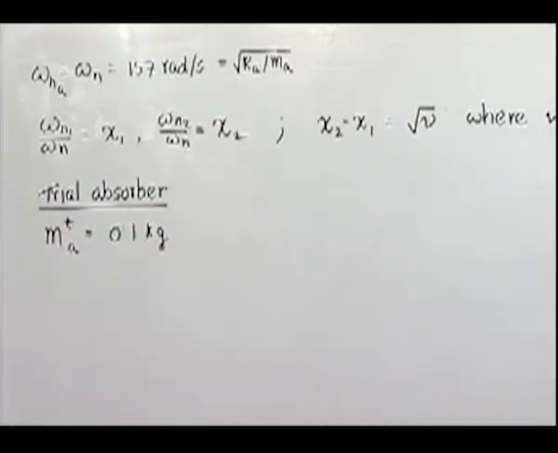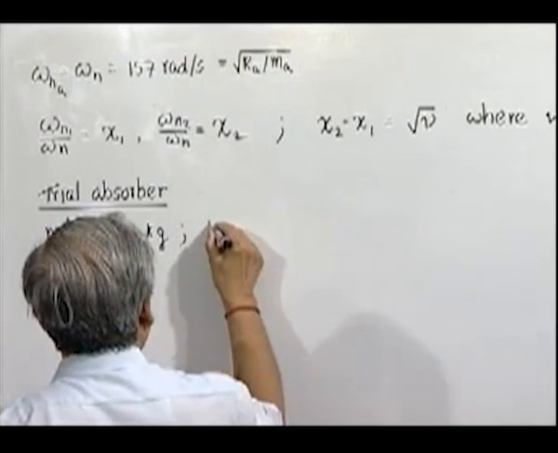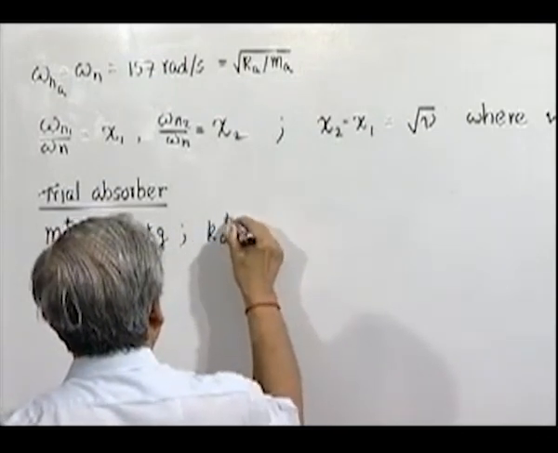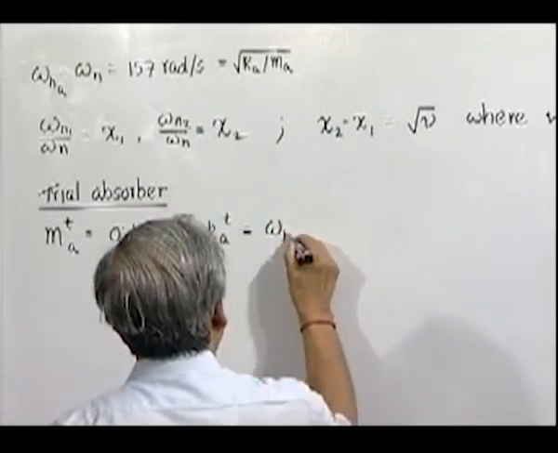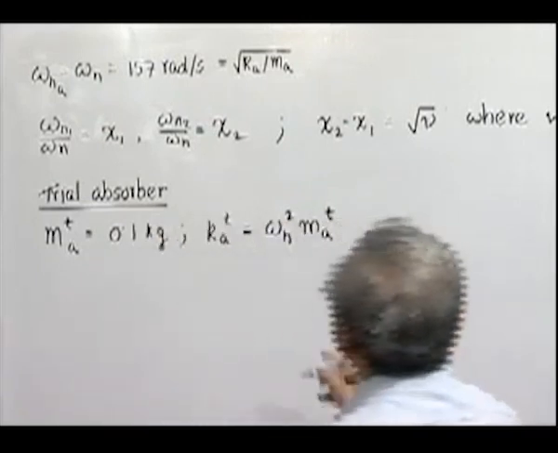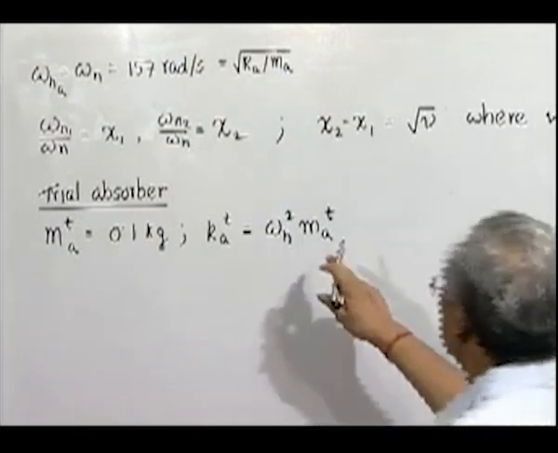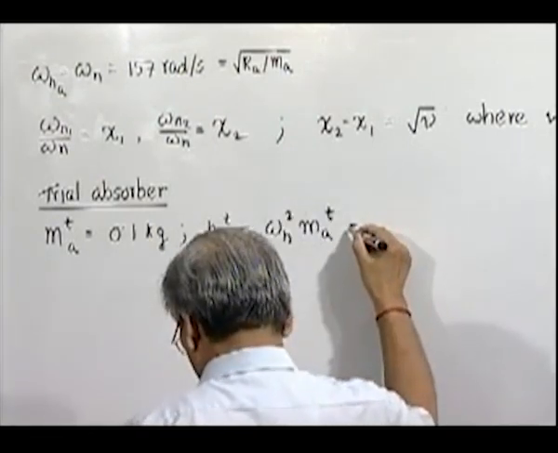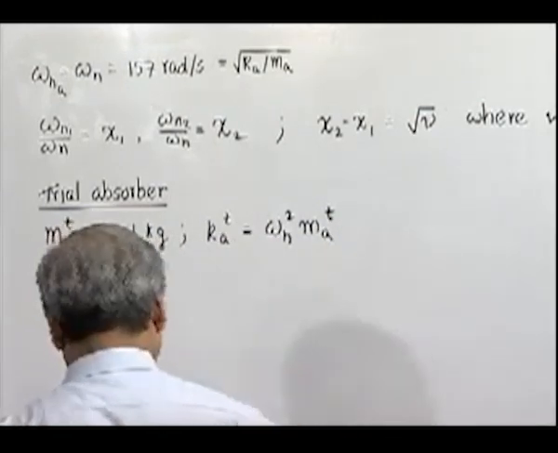Now, whenever we say that it is absorber mass, it has to be tuned. So, though it is not mentioned, it is obvious that KAT should be omega n square into MAT, where omega n is the operational speed, that is 157 radian per second, and trial mass is there. So, this can be found out. We will just keep it, we will not necessarily compute it.